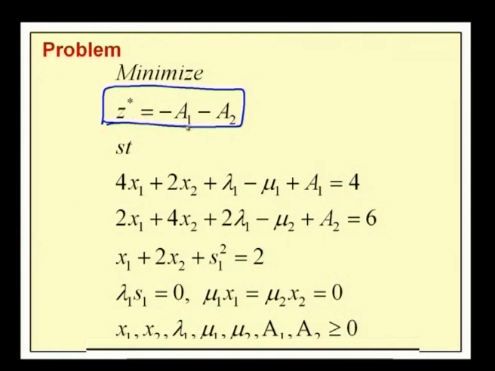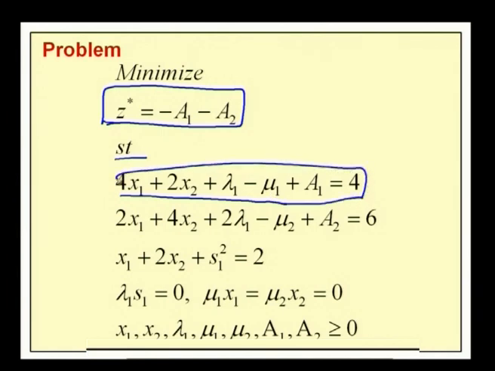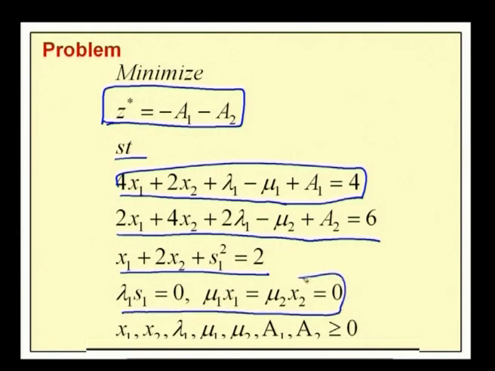z star equal to minus a1 minus a2, subject to the constraints 4x1 plus 2x2 plus lambda 1 minus mu 1 plus a1 equal to 4, and the second constraint is 2x1 plus 4x2 minus 2 lambda 1 minus mu 2 plus a2 equal to 6, and the third equation is x1 plus 2x2 plus s1 squared equal to 2, which satisfies the complementary slackness conditions lambda 1 s1 equal to 0, mu 1 x1 equal to mu 2 x2 equal to 0, where x1, x2, lambda 1, mu 1, mu 2, a1, a2 are greater than or equal to 0.